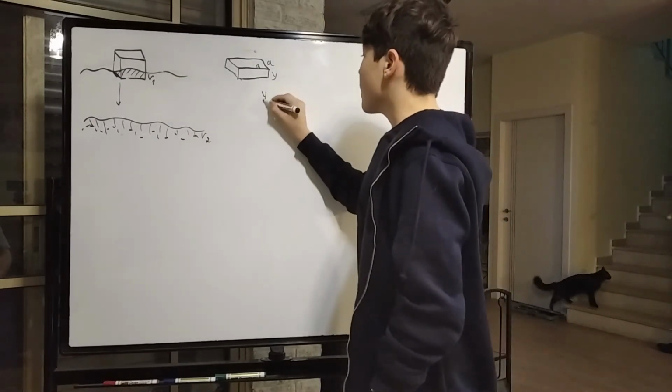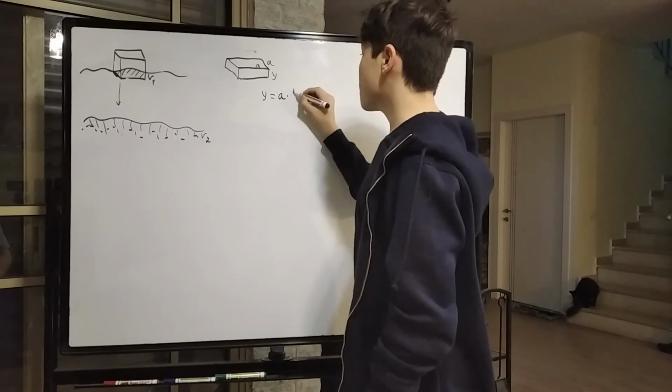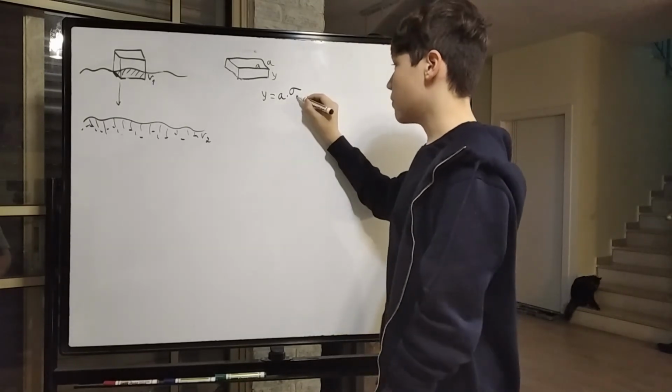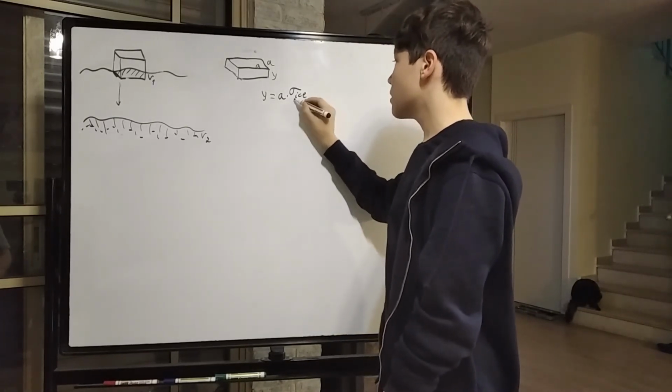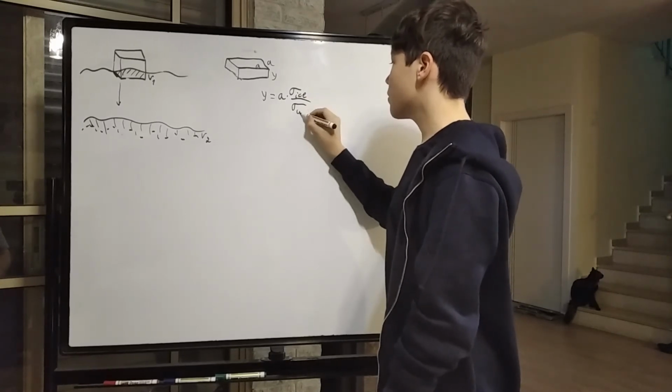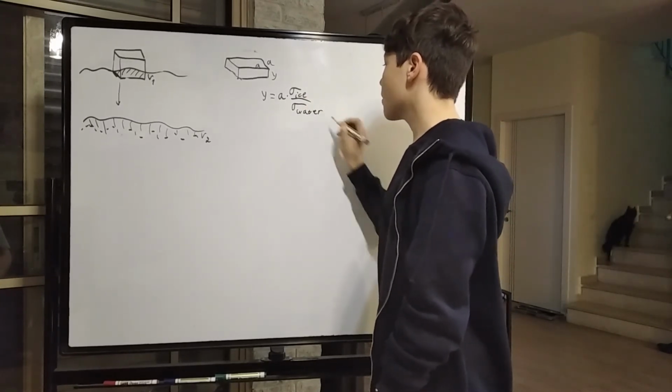We know that y has to be a multiplied by the density of our ice divided by the density of our water.